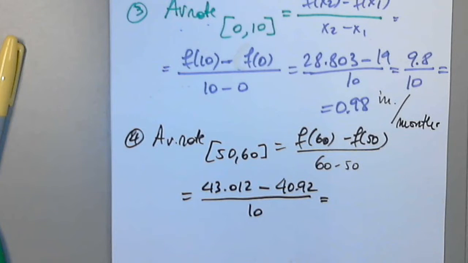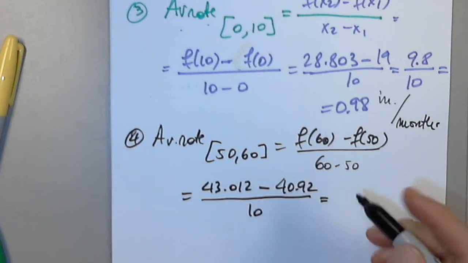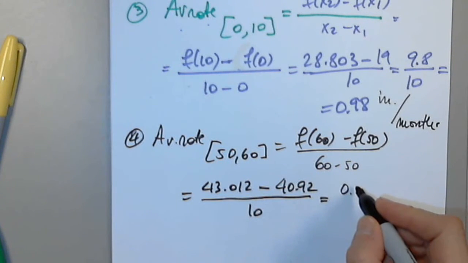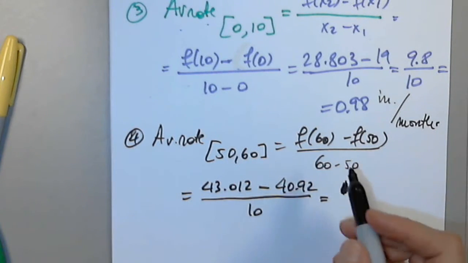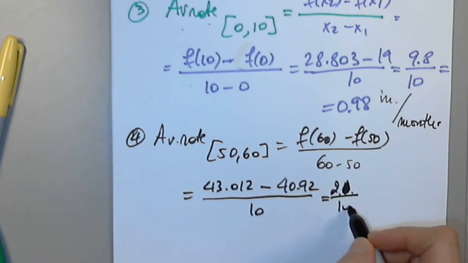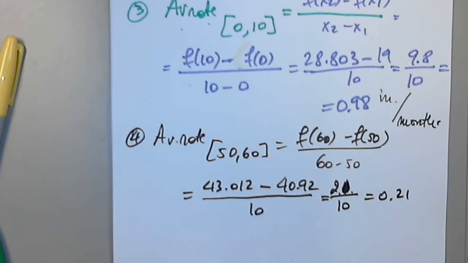So how much is that? So 43 minus 40 is 3, but it's 2, right? So it's 2.1. I'm sorry, 2.1 divided by 10. So it's just 0.21. Measurement unit, please. Inches.